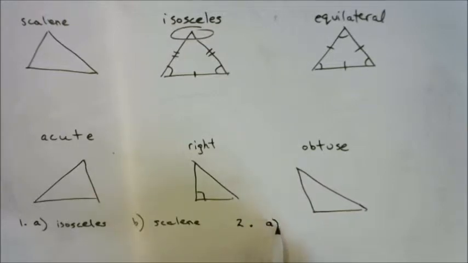Question 2. Classify each triangle in 2 ways using angle measures. So using angle measures, A is acute. What else can we say about it? It's equilateral.